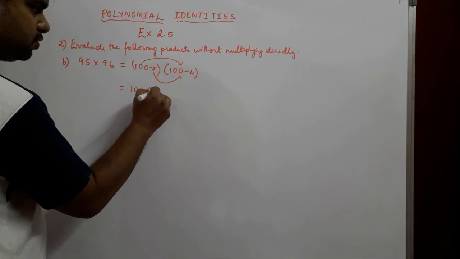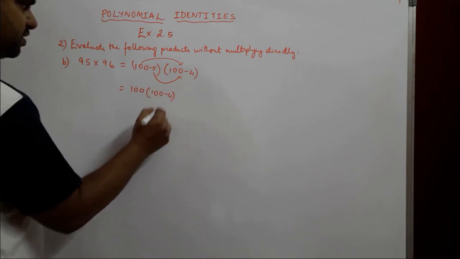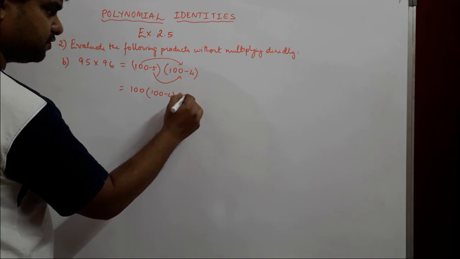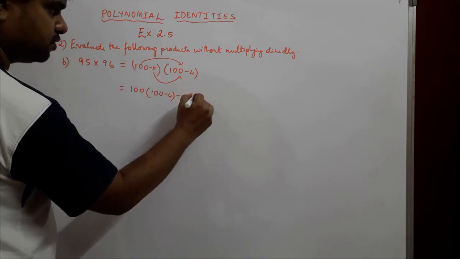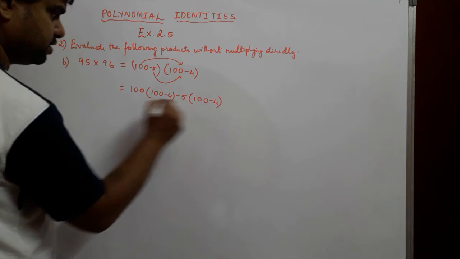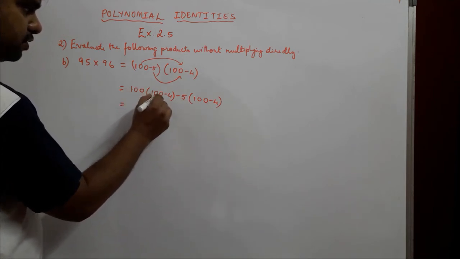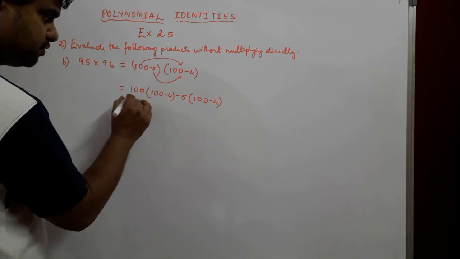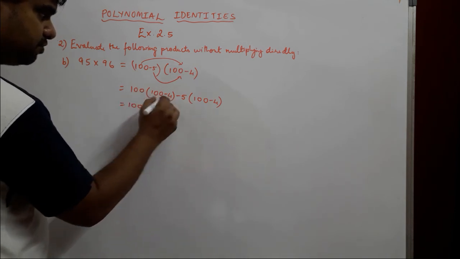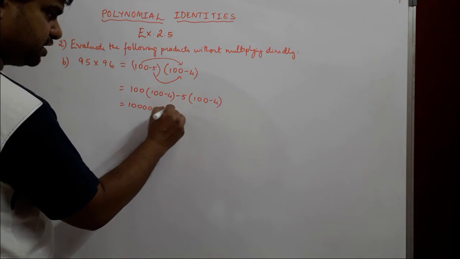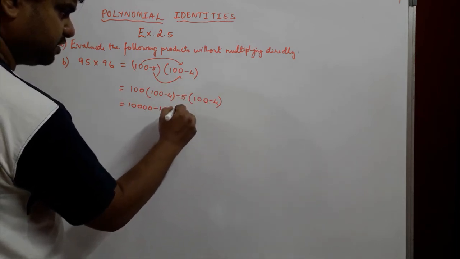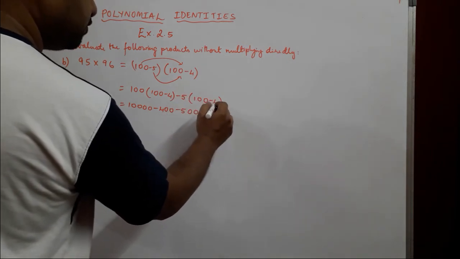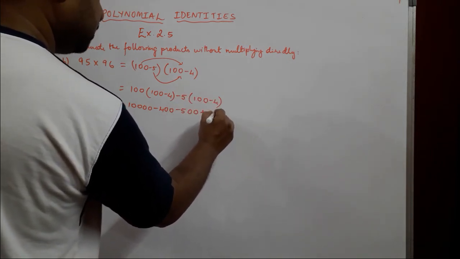So 100 into 100 minus 4, and minus sign in between, 5 into 100 minus 4. 100 into 100 gives us 10,000. Once again 4 zeros after a 1. 100 into minus 4 gives us minus 400. Minus 5 into 100 will give us minus 500. And minus 5 into minus 4 gives us plus 20.